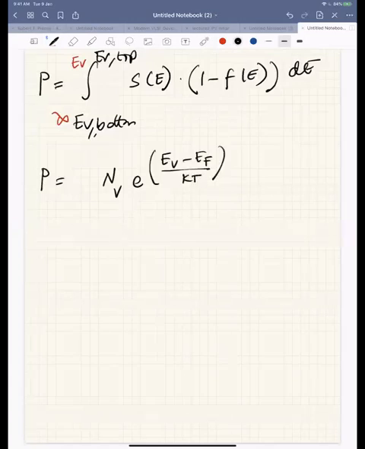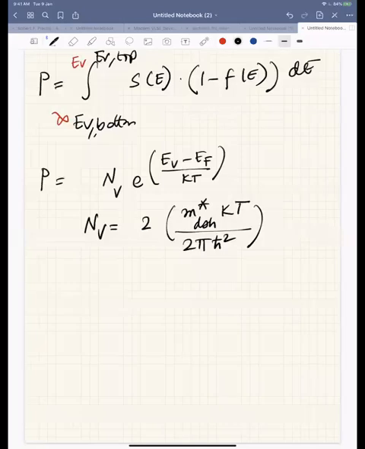And your NV you could also write down: NV is 2 m star, the density of states effective mass, KT divided by 2 pi h bar square.